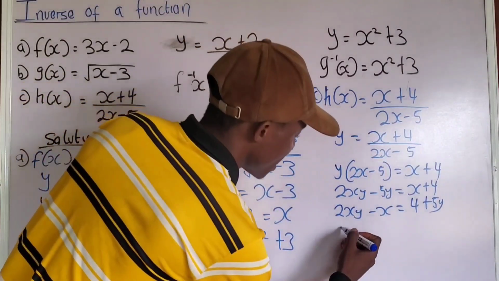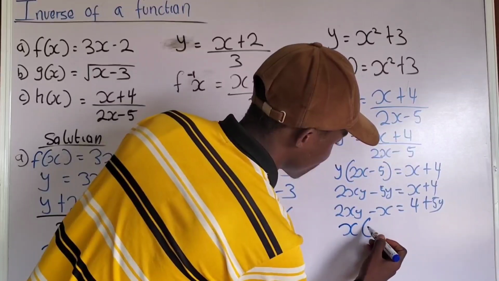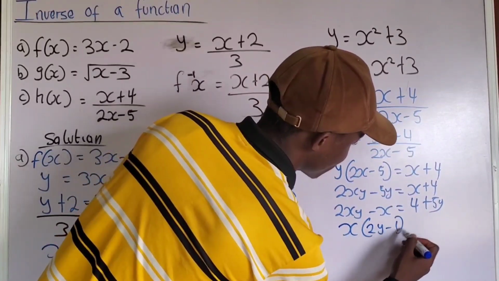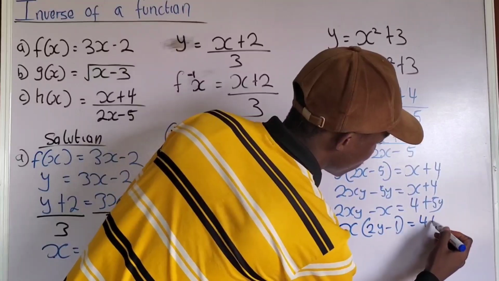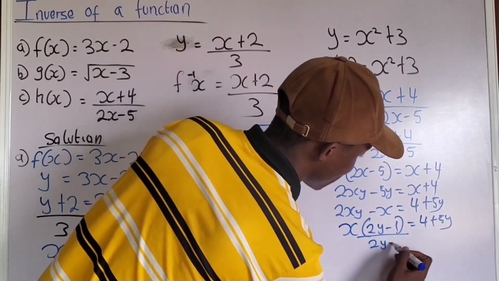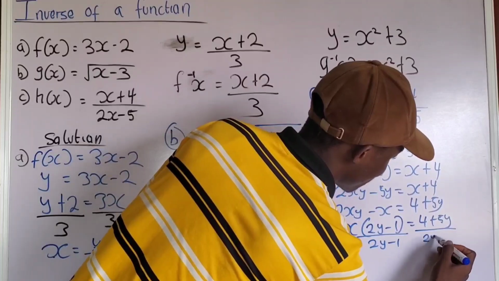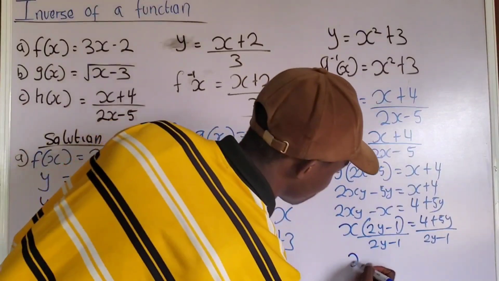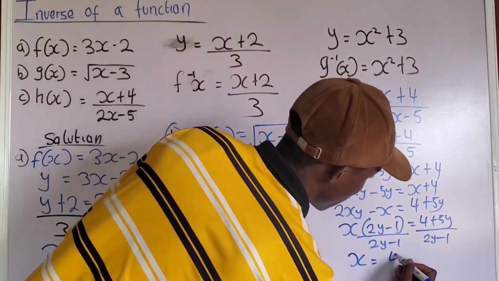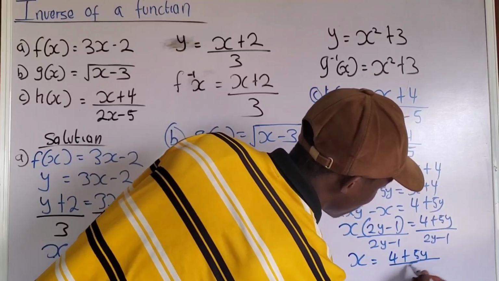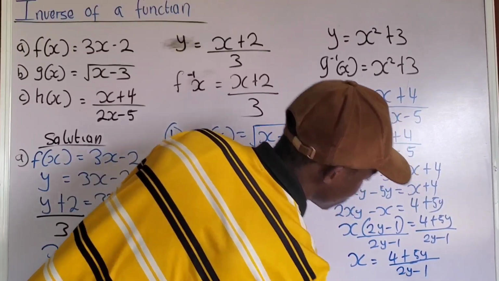So, I'm going to have x, put the bracket, 2y minus 1 is equal to 4 plus 5y. Okay, divide both sides by 2y minus 1. What are you going to have? x will be equivalent to 4 plus 5y all over 2y minus 1.